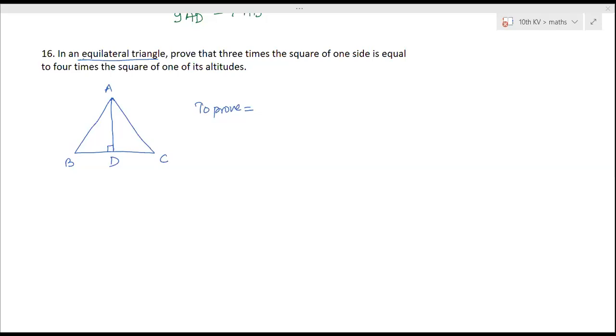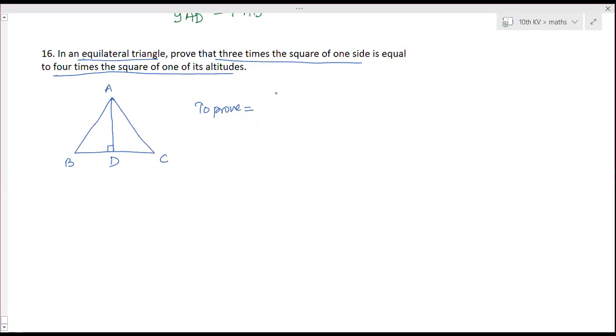We should prove that one side is equal to 4 times the square of. So what are the side names you have now? Tell me in terms of sides. Yes, Mahesh, faster. I'm asking what to prove, I'm not asking for the proof. Karthik? Yes, Karthik, what we need to prove?